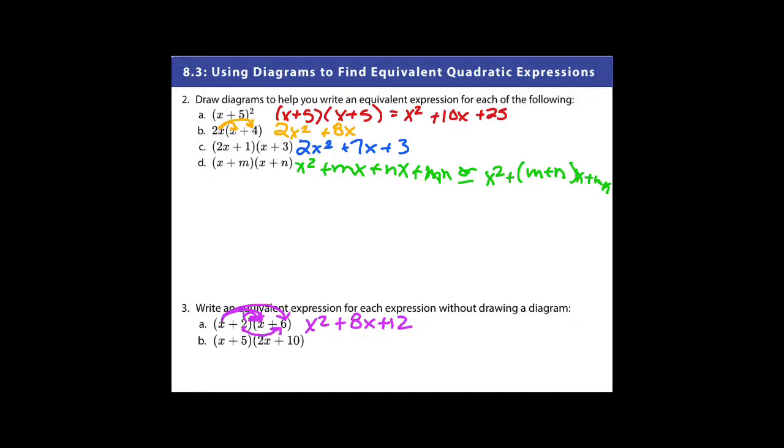Okay, and then for b, we'll get 2x squared by taking your x times your 2x, and then plus 20x by taking x times 10, and then your 2x times your 5 and adding those together, and then plus 50 by taking your 5 times your 10.